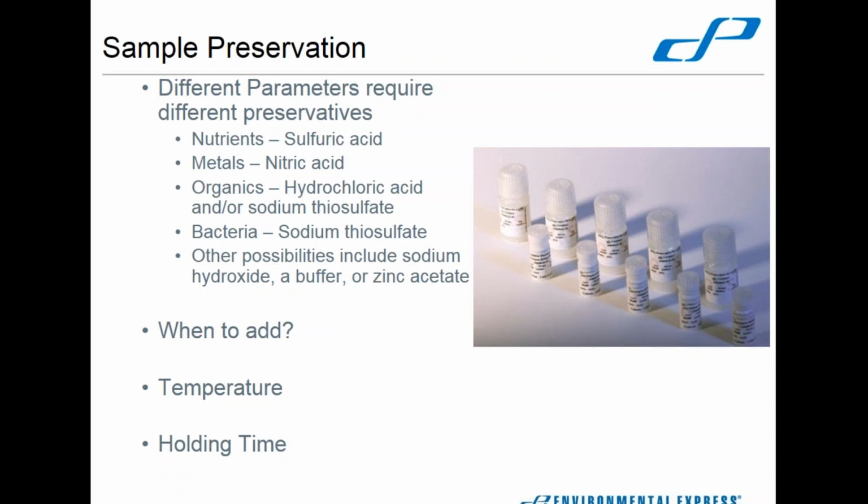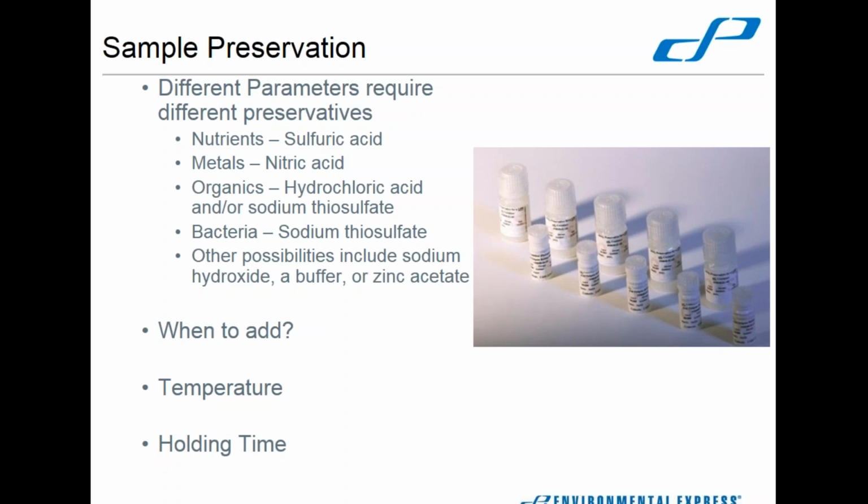But then many parameters also have some form of chemical that gets added to preserve the sample that you have pulled, kind of freeze it in time so that whatever you have collected, it stays that way. And I've got a couple of the common ones listed here.